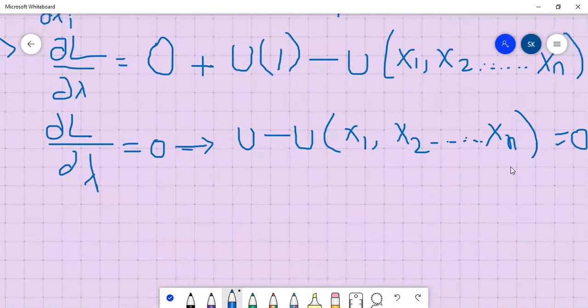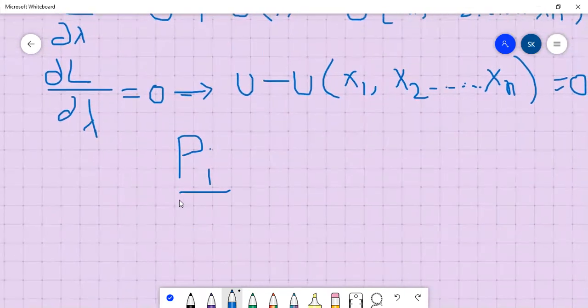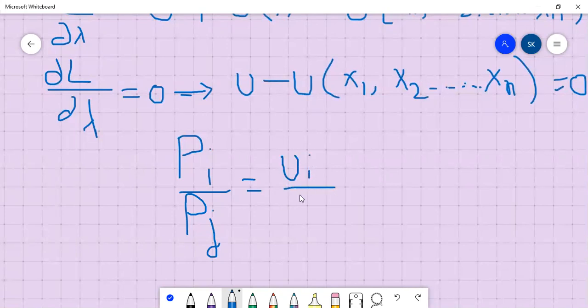So now let's move ahead. It will yield values of lambda. Now this equation and this equation will yield the value of lambda, which will help us to solve for xi. How will it yield the value of lambda? We will solve both of them. We will equalize them to each other. That is, pi over pj, the price of good i with reference to the price of good j, is equal to the utility derived from good i to the utility derived from good j.